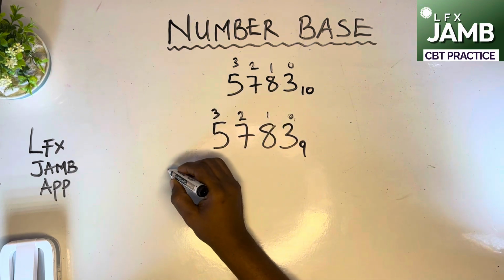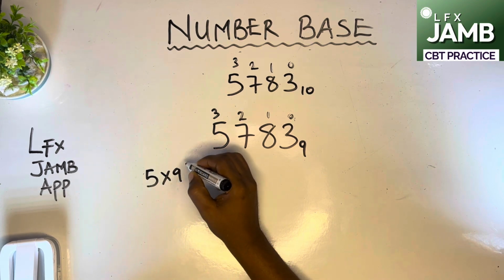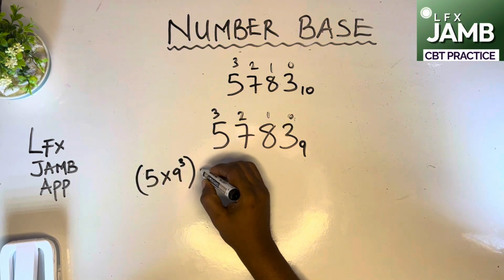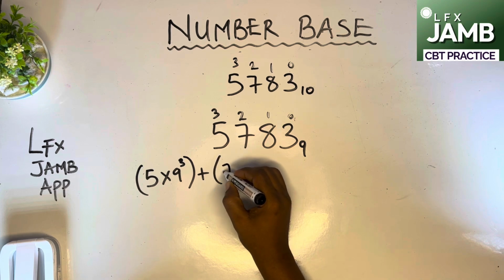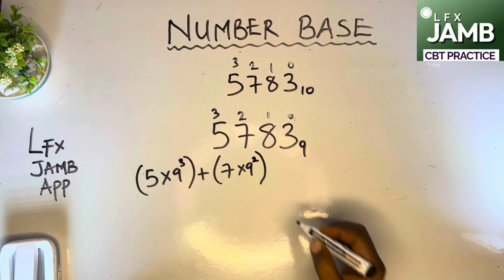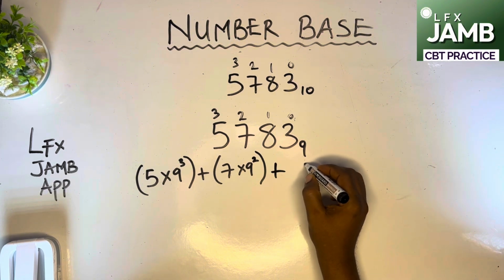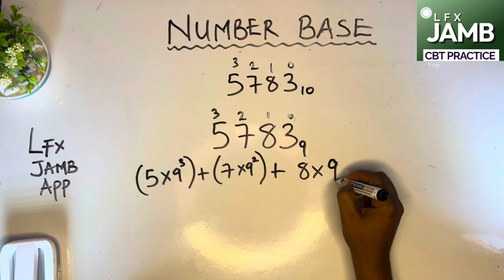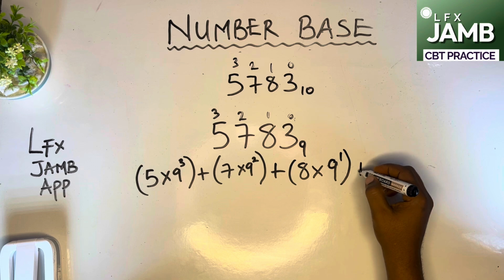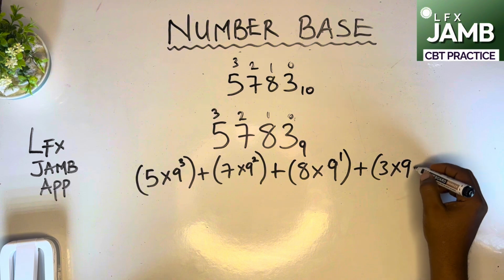So we have 5 times 9 raised to the power of 3, plus 7 times 9 raised to the power of 2, plus 8 times 9 raised to the power of 1, plus 3 times 9 raised to the power of 0.